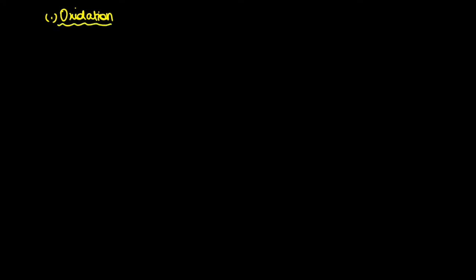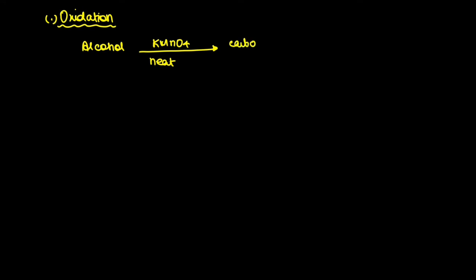Very famous reaction. What happens is that if I take any alcohol and react it in the presence of an oxidizing agent, and if you don't know the meaning of the word oxidizing agent, you don't need to worry, just remember it, and heat, so that we have a carboxylic acid.